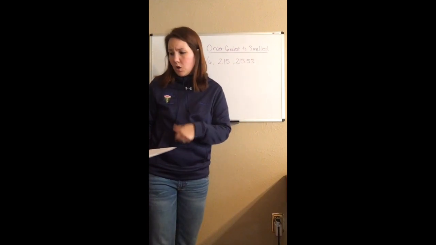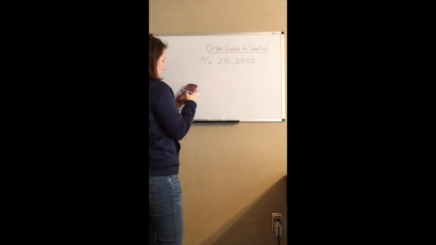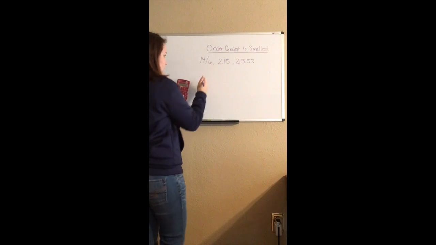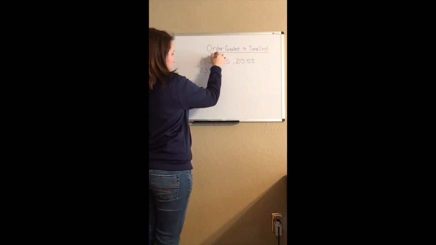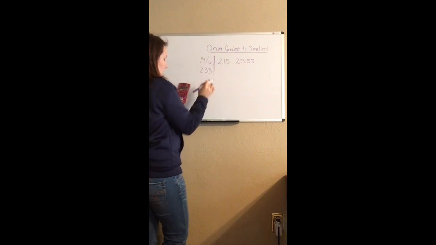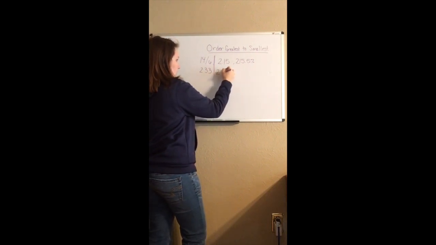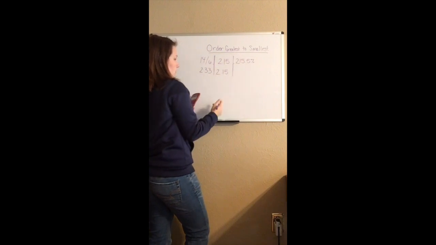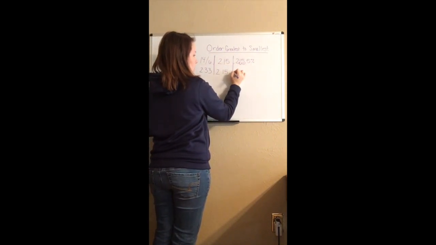We're going to convert them all to decimals. In this first one, I'm going to take the numerator divided by the denominator. That gives me 2.333333. I'm just going to round it to 2.33. I'm going to leave the decimal as it is. And for this one, move the decimal 2 places to the left, 2.155.